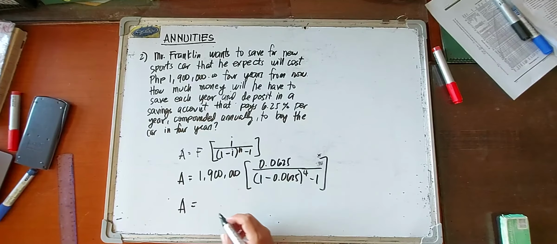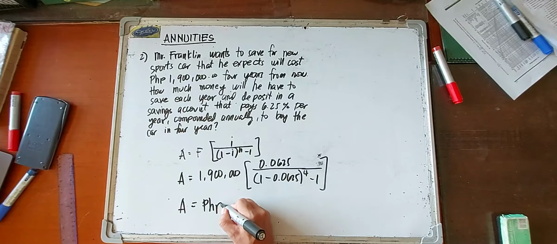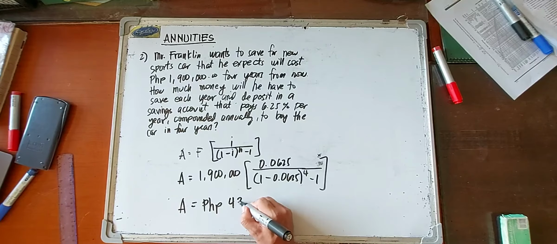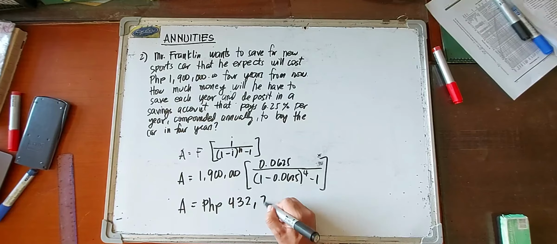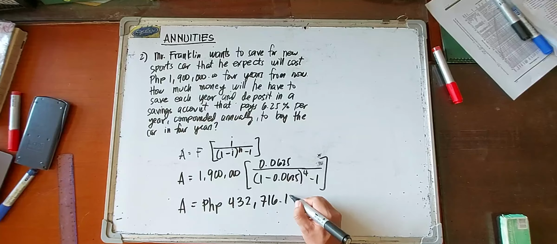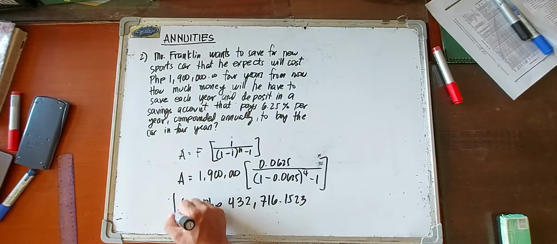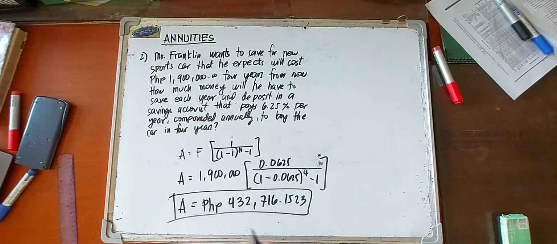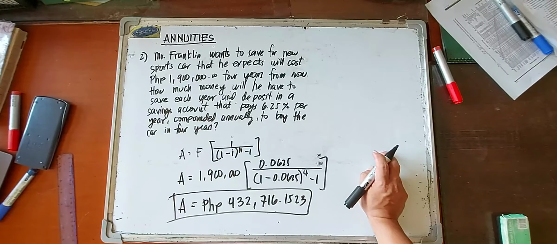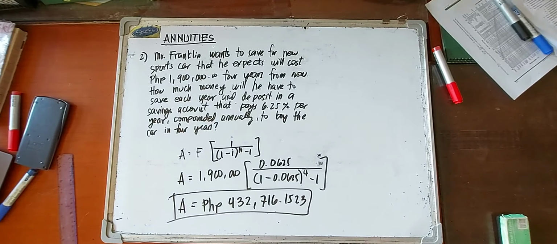So the annual deposit should be 432,716.1523. This should be the annual deposit that should be made every year, so that after 4 years he will have an amount of 1,900,000 to buy the car. Sports car, no? Okay.